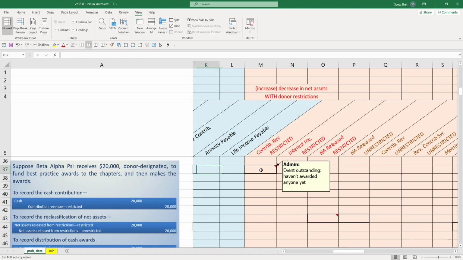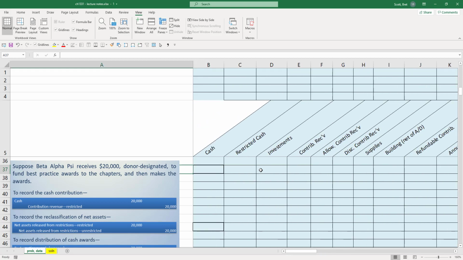So I'm going to go ahead, in this case, say, fine, I'm getting $20,000 in cash. But you're telling me in this situation, it's not unrestricted. You're telling me it must go to specific things.